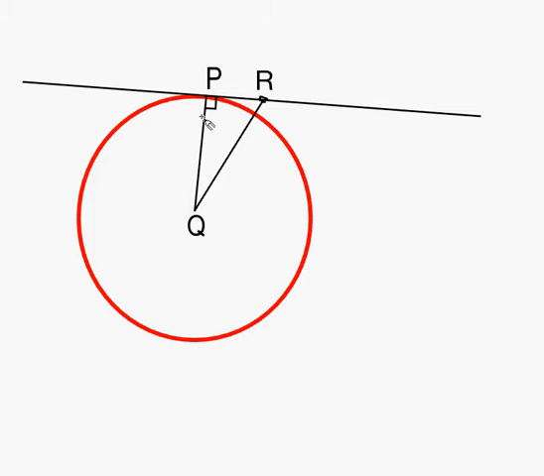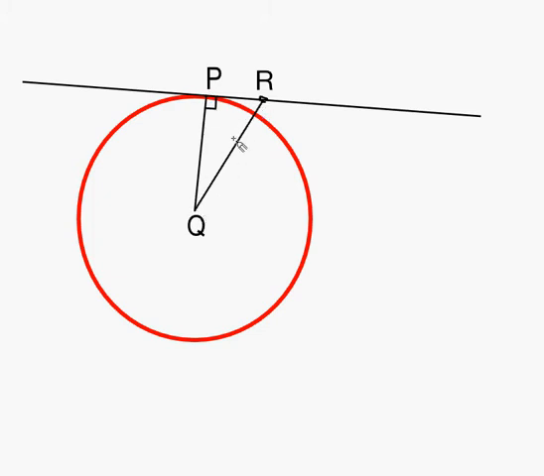Well, we know that QP is perpendicular. That's another way of saying that the distance QP is the most direct distance from the point Q to this line L. Well, that would mean, therefore, that any other point along the line, such as R, would have to be at a greater distance from Q than P is.